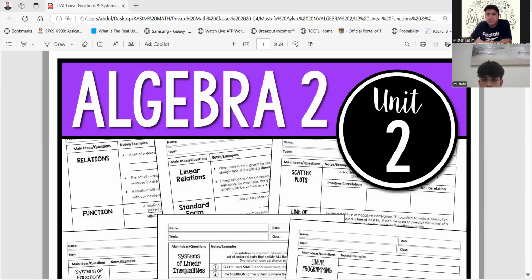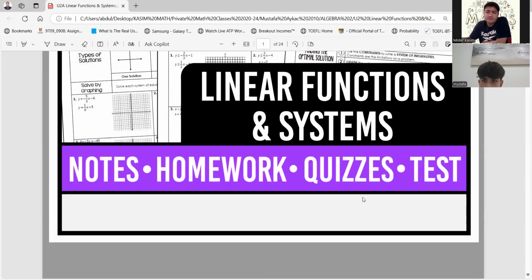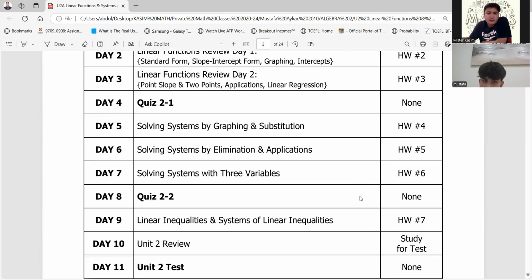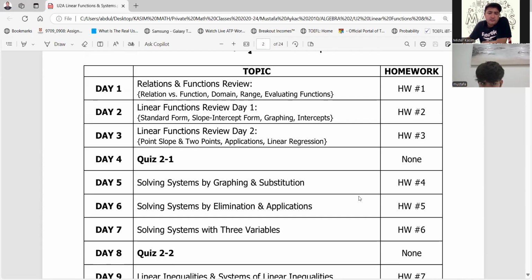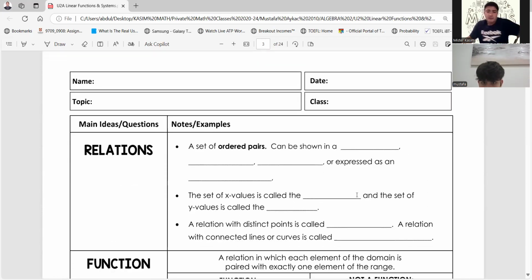So today I will finish and start a new chapter. The second unit is about functions and relations, linear function systems. Mustafa, we have, I think, 4, 5, 6 different units here. All right, so let me just write the date and the start, Mustafa.